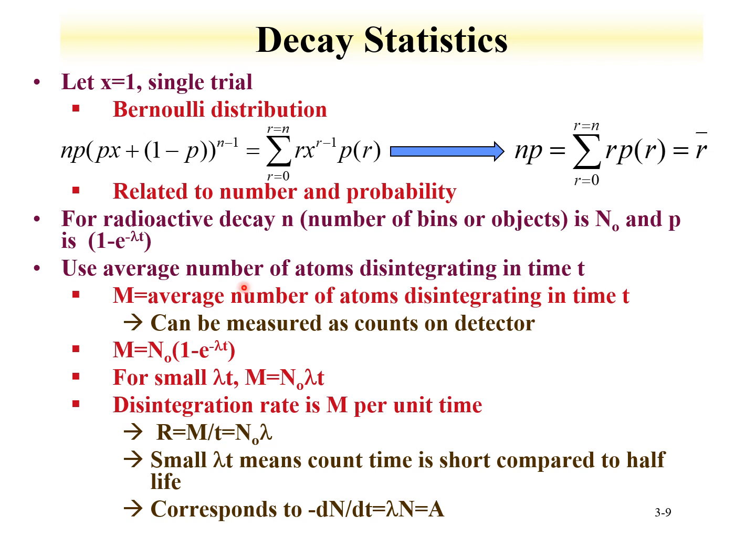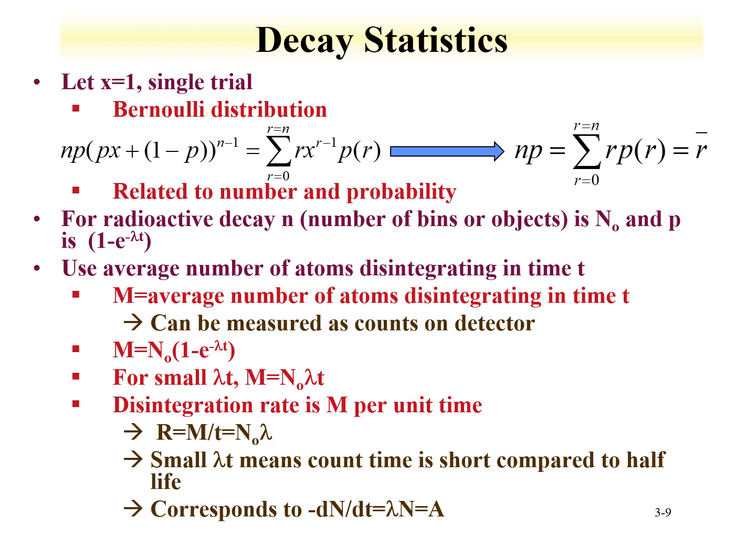We get this equation where the average number of atoms disintegrating is equal to n times 1 minus e to the minus lambda t. For a small term where the decay constant times the time is small, we can just make this equation m equals n naught lambda t.